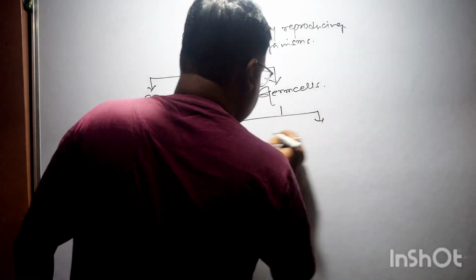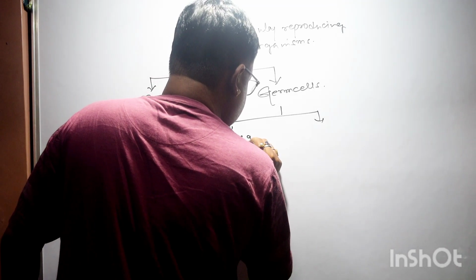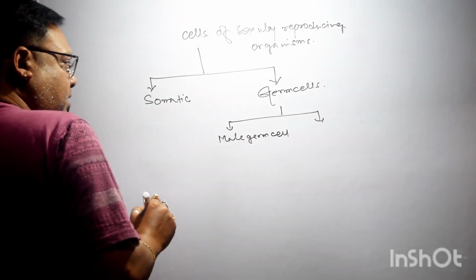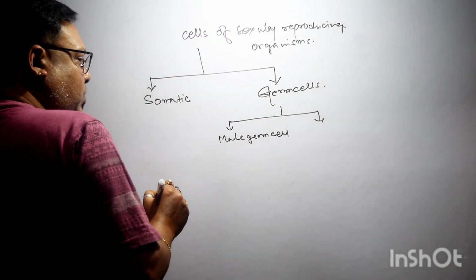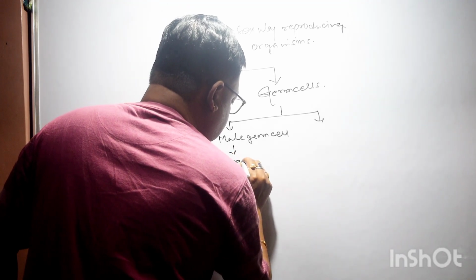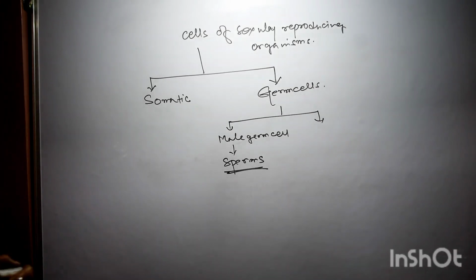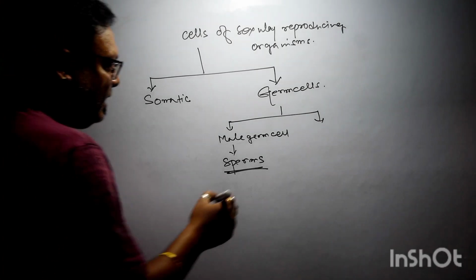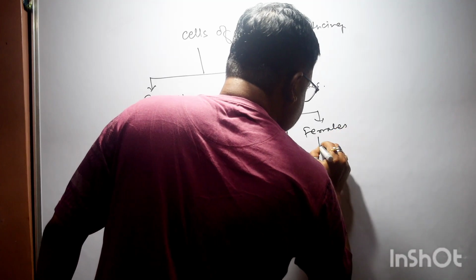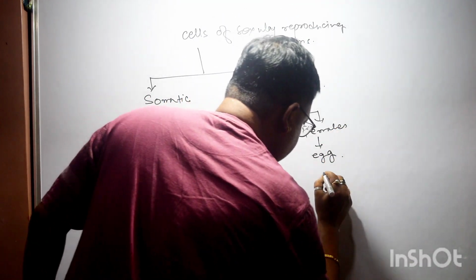One is male germ cell, to understand we can call them sperms. We are more familiar with this term. And in case of females, it is eggs, which are haploid in nature.